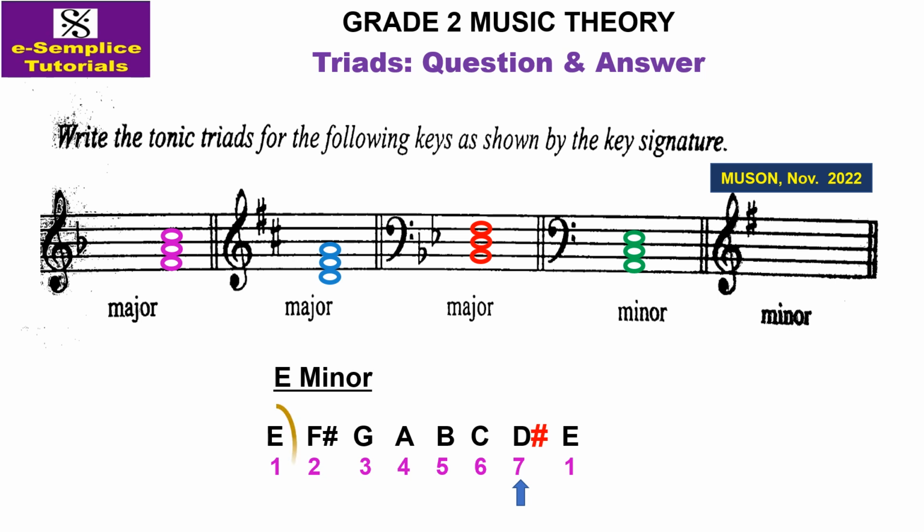It's a tonic triad, 1st degree, 3rd degree, 5th degree. Stack the notes, E, G, B. Let's put this on the stave. We have E, G, and B. Very easy to write. Triads indeed are fun.